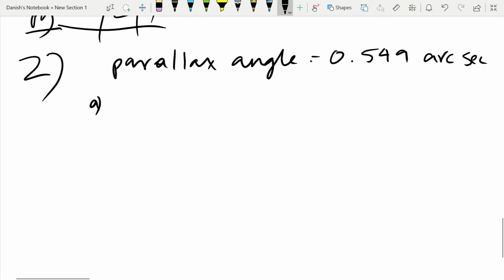So parallax angle is the angle which is subtended by a star to the Earth when the Earth has moved a distance of 1 astronomical unit, essentially. So, which is just the Earth's orbit radius. That's the parallax angle.